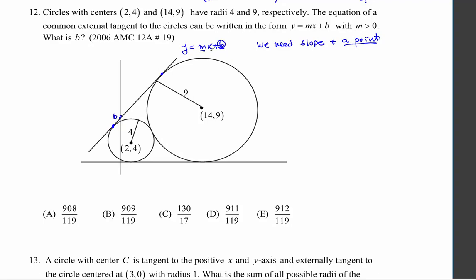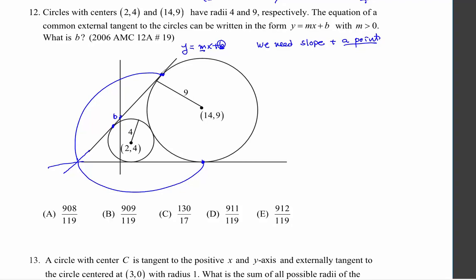First, how do you find the slope of this line? You can make the line of it. The tangent lengths, this one and this one, are equal.